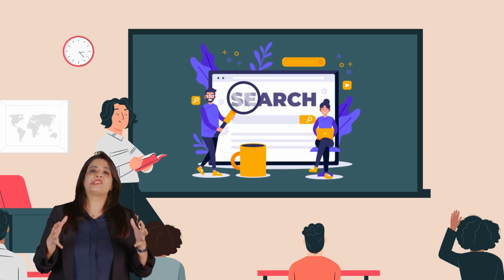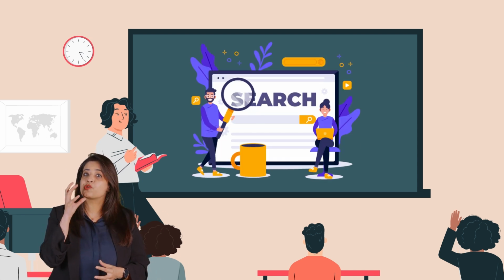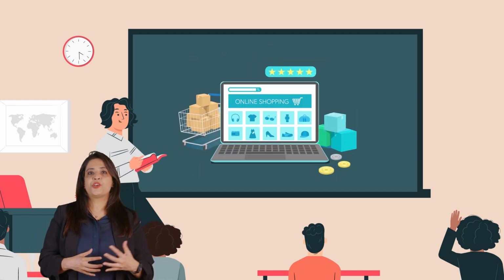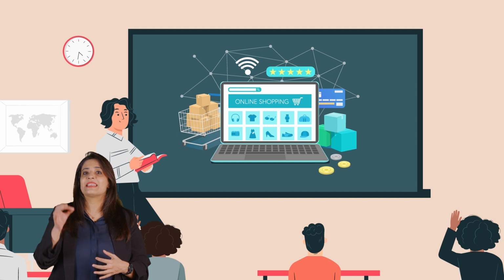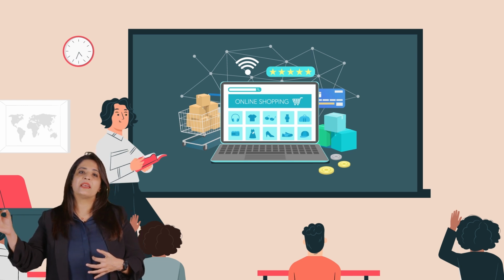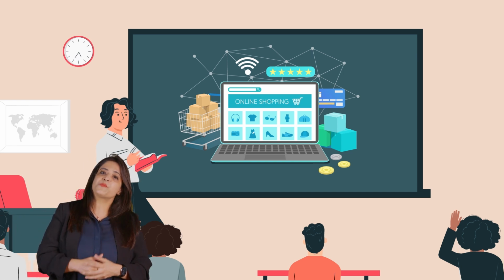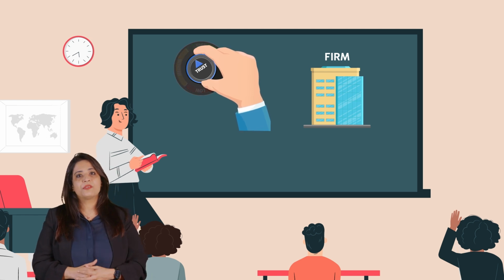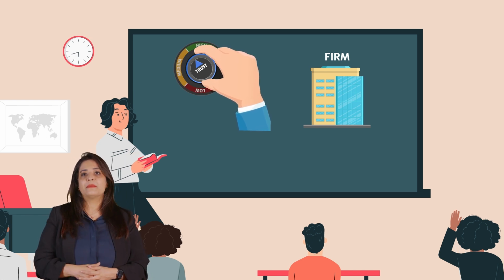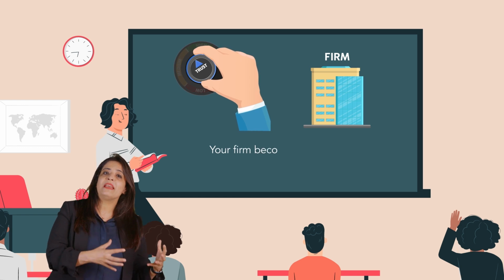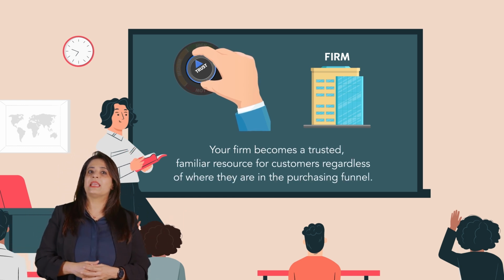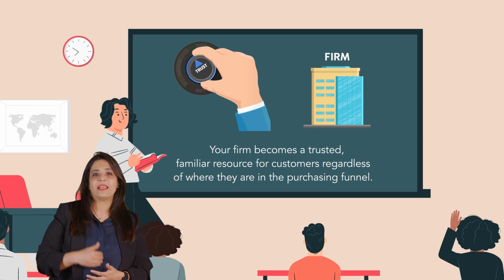One of the most important advantages of a strong SEO campaign is that it exposes your business to searchers at every stage of the buyer journey. Mrs. Brown concluded the lesson by saying that as a consequence, your firm becomes a trusted, familiar resource for consumers regardless of where they are in the purchasing funnel.